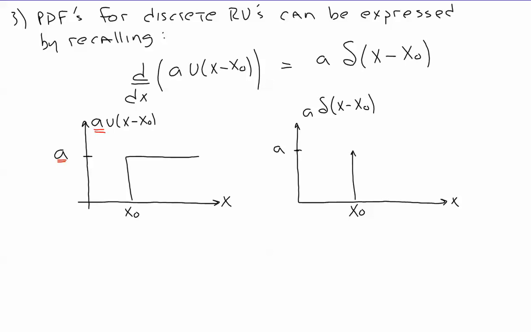All right, that's a Dirac delta function. Hopefully you've seen that before. In this case, the value A is commonly referred to as the strength of my delta function.